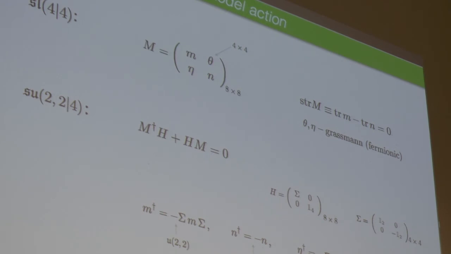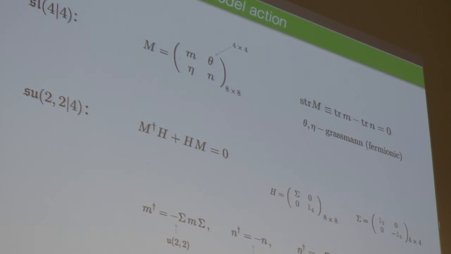Now, I will describe this space of 8x8 matrices, which constitute SL(4|4), in terms of what is called the Grassmann envelope. So the blocks M and N are considered as made of bosonic variables, meaning usual numbers. While the off-diagonal blocks, which are represented here by zeta and eta, are supposed to be 4x4 blocks made of fermions, anti-commuting or Grassmann variables.